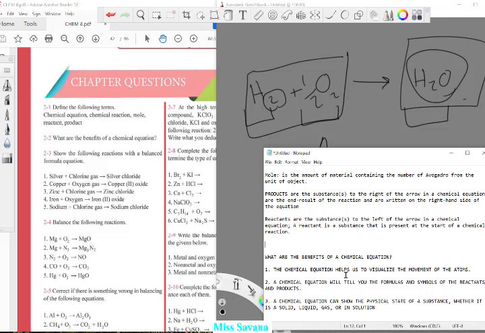The product you find on the right of the arrow, and the reactant on the left of the arrow of the chemical equation. Or you can say the reactant is the substance present at the start of the chemical reaction, while the product is the substance you find at the end of the chemical reaction.